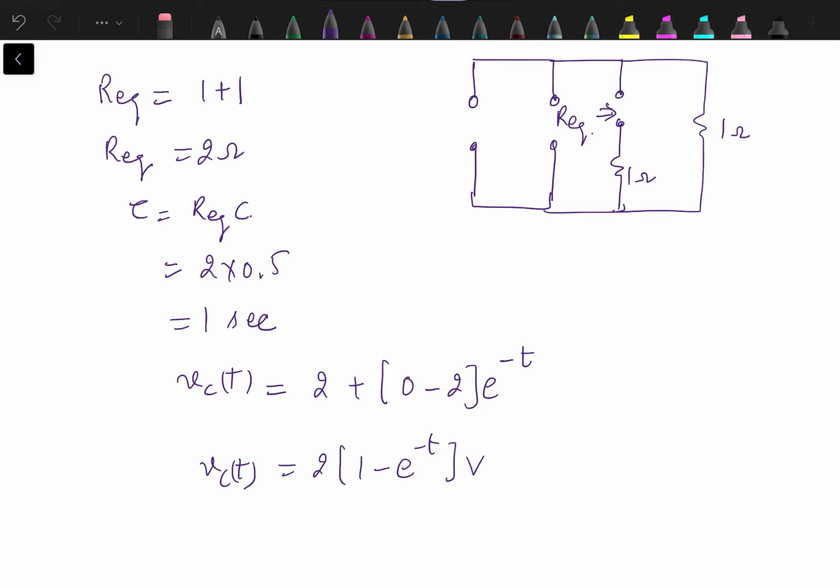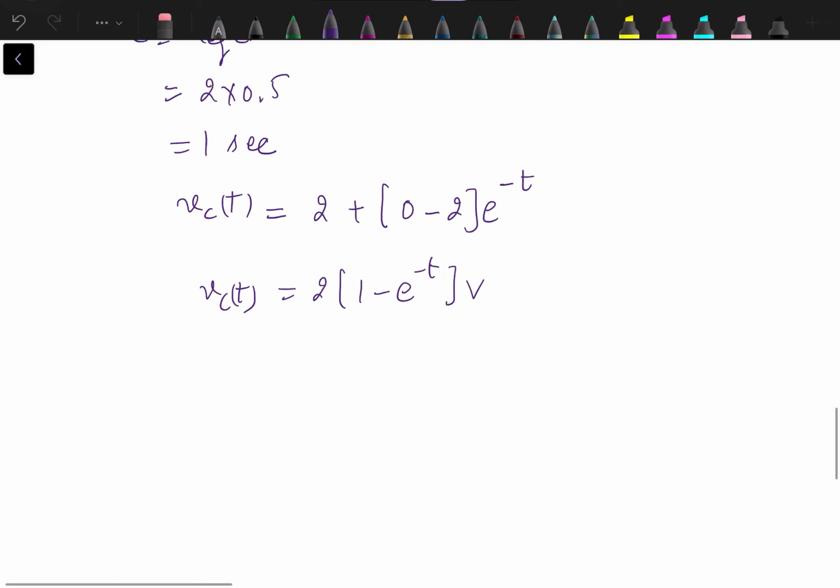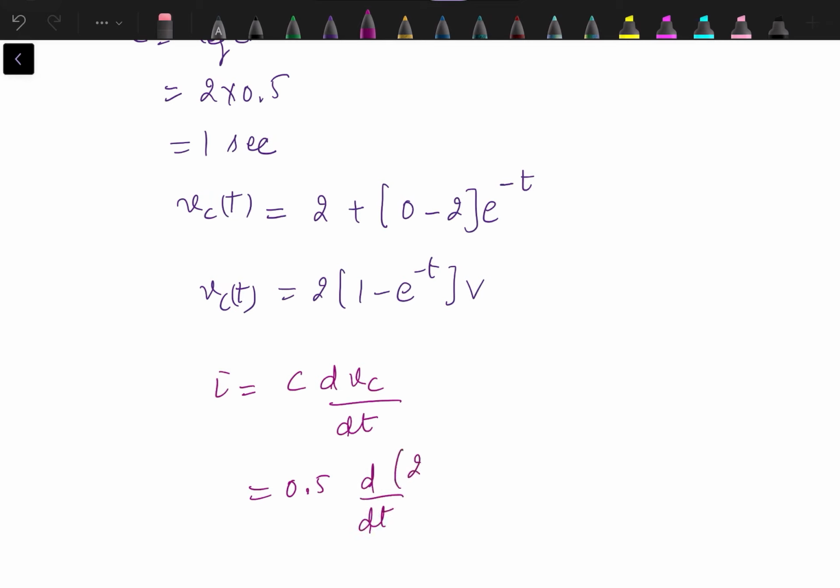What the question asked was to find the current through the capacitor for t greater than 0. So I is C dVc by dt. C is 0.5, d by dt of 2 into (1 minus e raised to power minus t).